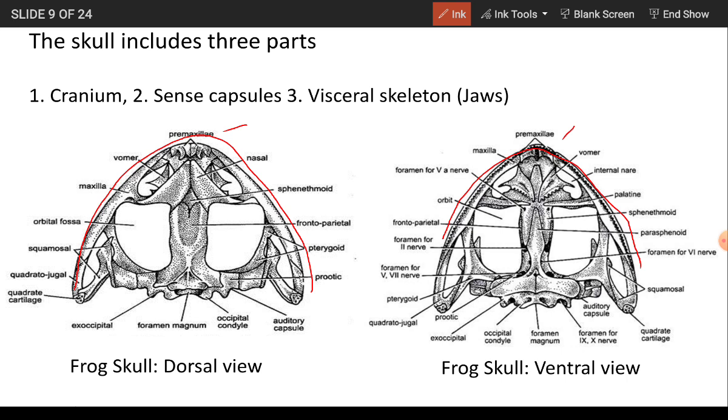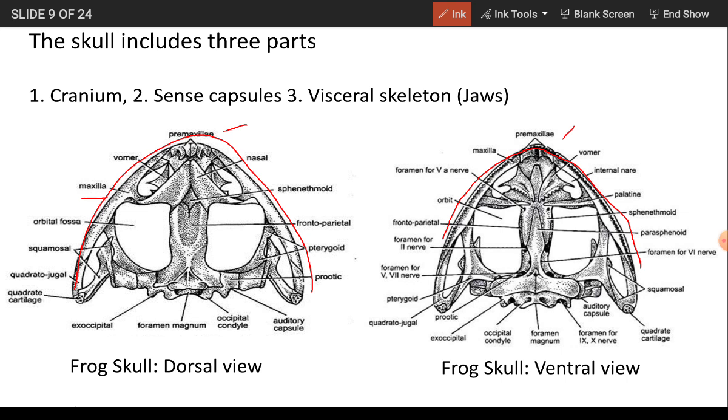Each premaxilla articulates behind with a maxilla, which forms the greater portion of the upper jaw.